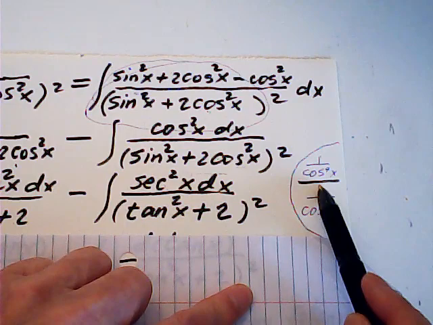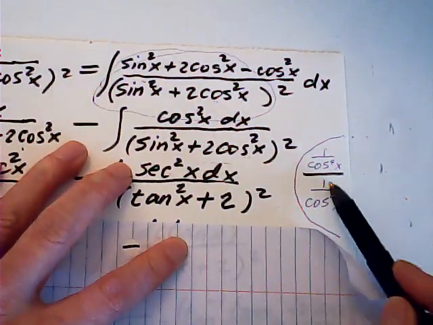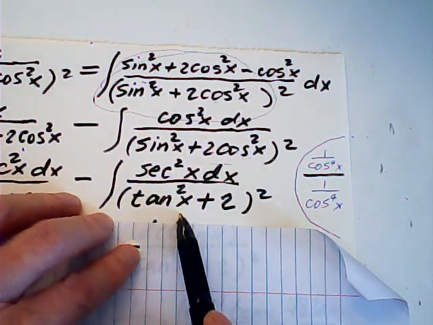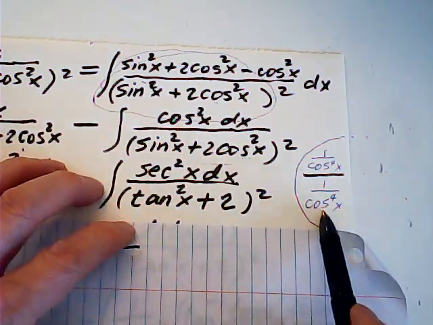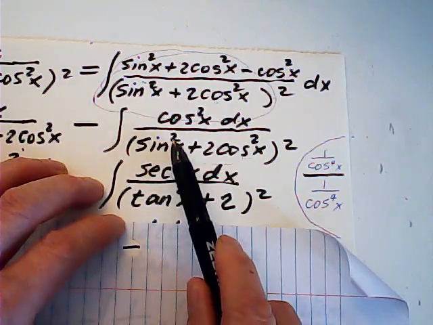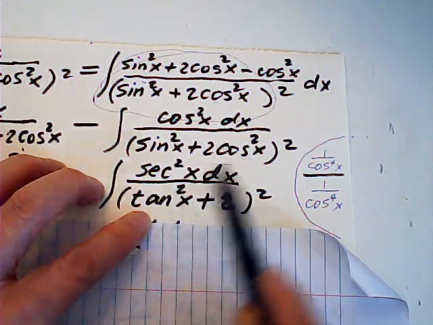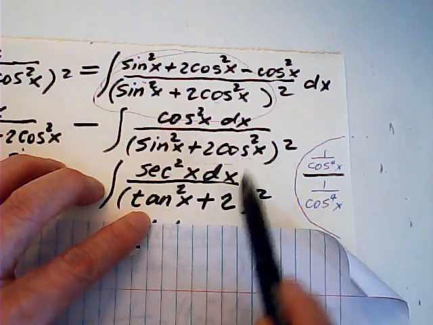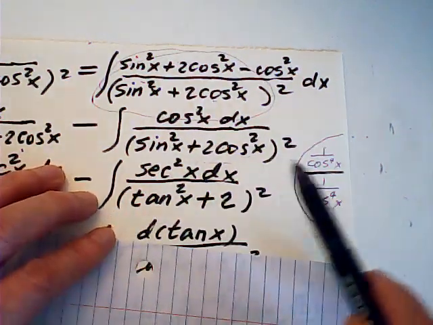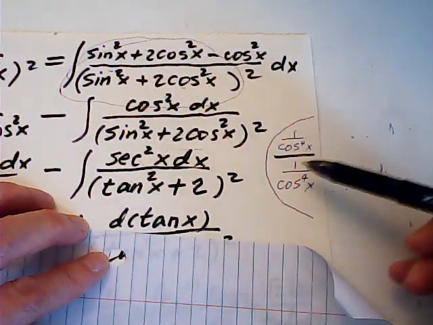For this, 1 over cosine fourth times this, it becomes this. Because this goes in the square root and becomes squared, and sine squared over cosine squared is this. Cosine squared times 2 over cosine squared is 2. So let me repeat again.